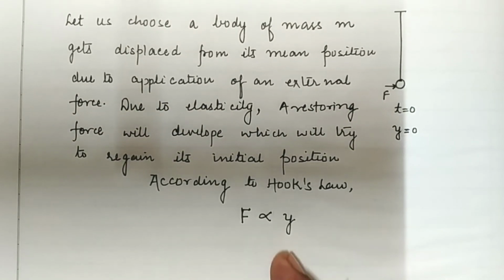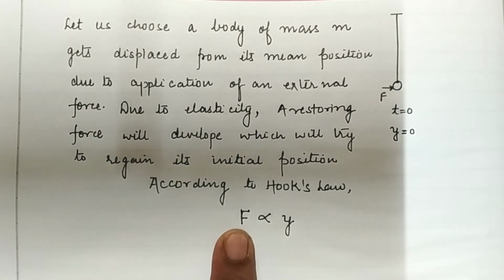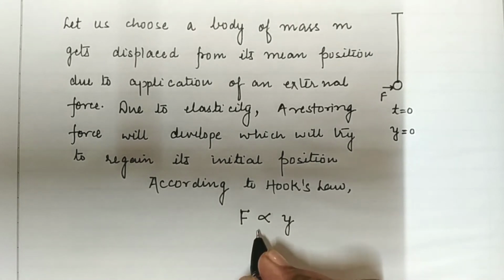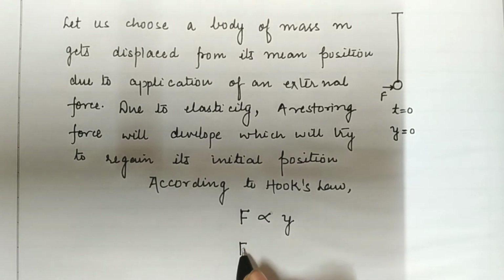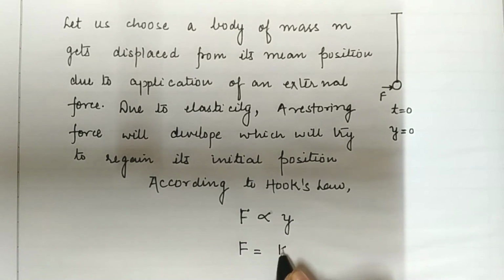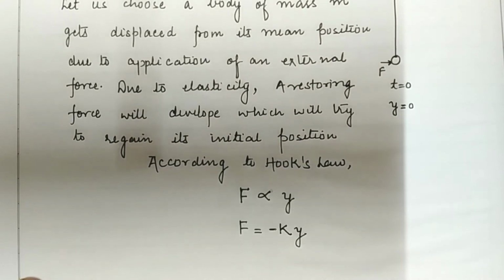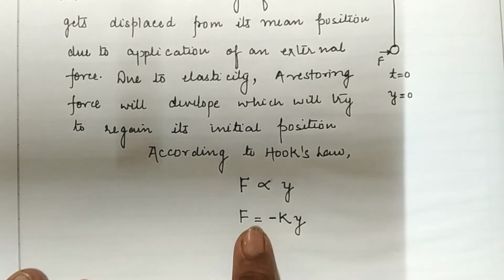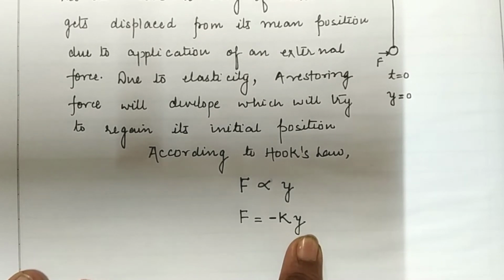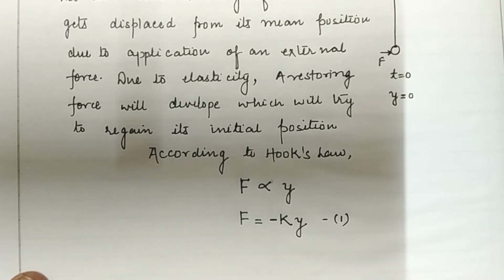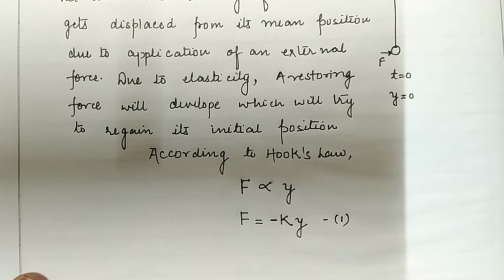After removing the proportionality, we find a proportionality constant. Let us suppose that is k, and the displacement is y. So we can write F is equal to minus ky, where k is known as the constant of proportionality, and y is known as the displacement.